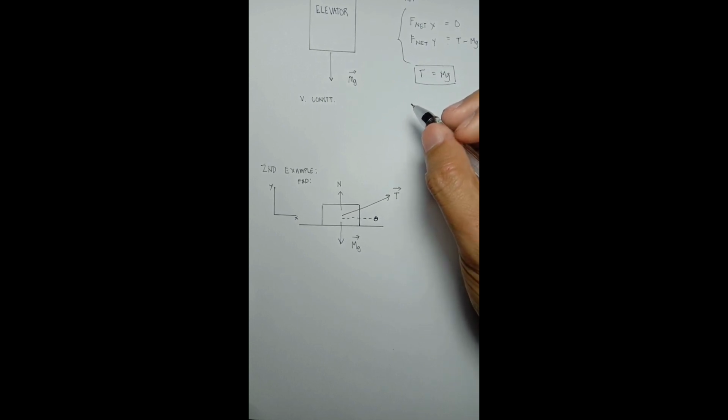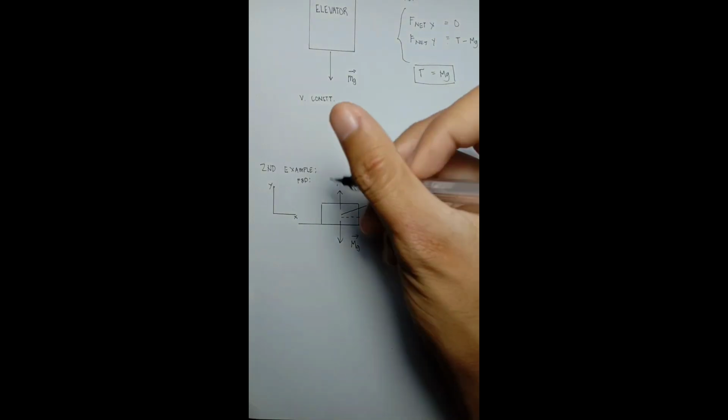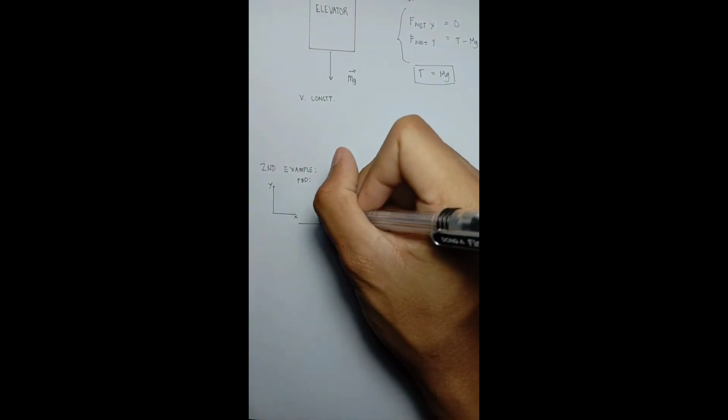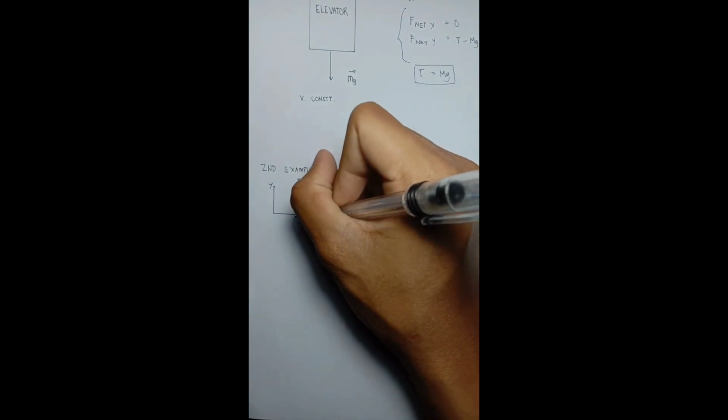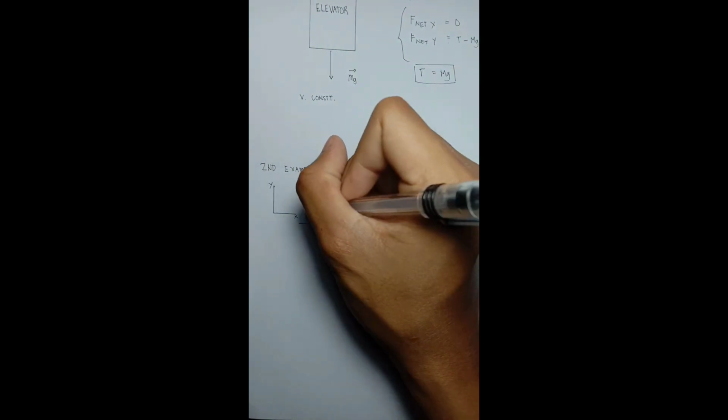And let's assume that there's a friction now. It has to be a kinetic friction because the box is moving. So we have the friction, the kinetic friction, F k.